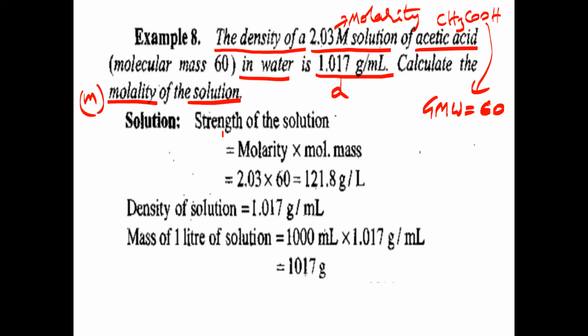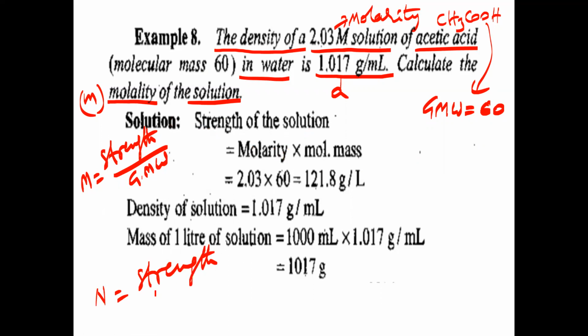Strength of solution divided by gram molecular weight gives molarity, and strength of solution divided by gram equivalent weight gives normality.